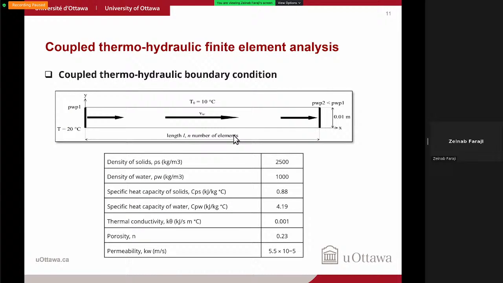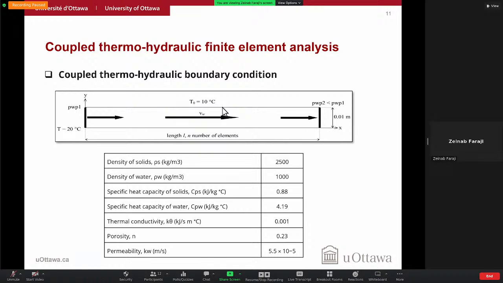To validate the coupled thermohydraulic finite element formulation, several analyses on a 1 meter bar of soil with element lengths of 1 centimeter, subjected to 1D convection dominant heat transfer, were conducted in the Imperial College Finite Element program using four-noded linear quadrilateral two-dimensional elements.